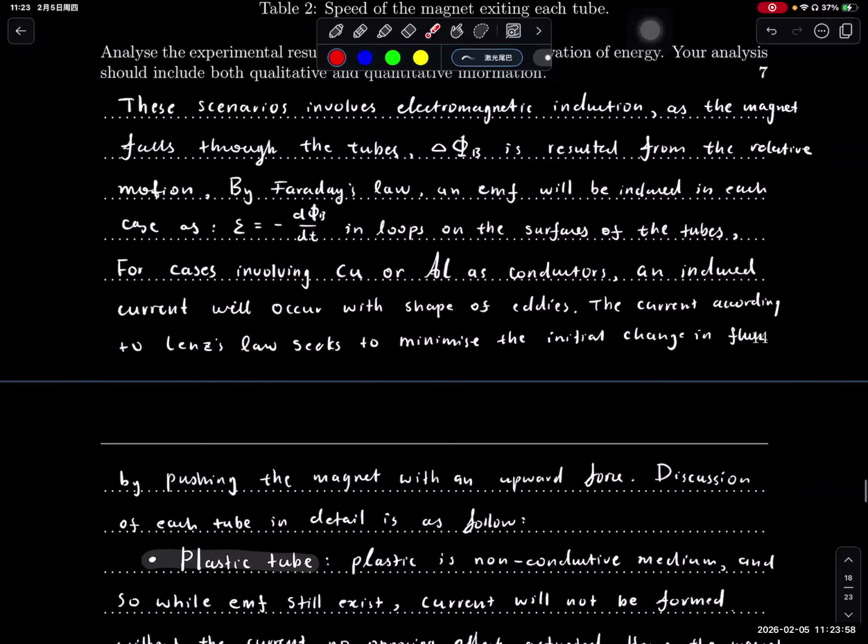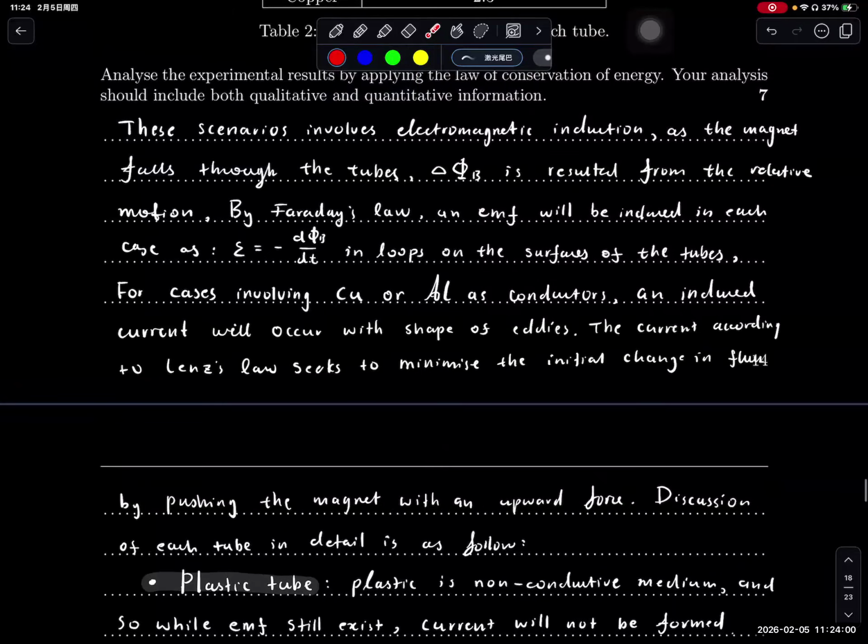So these scenarios involve electromagnetic induction as the magnet falls through the tubes. Changing flux results from the relative motion. Then by Faraday's law, an EMF will be produced in each case, as epsilon is equal to negative d phi by dt, in the shape of loops on the surface of the tubes. So that's defining Faraday's law.